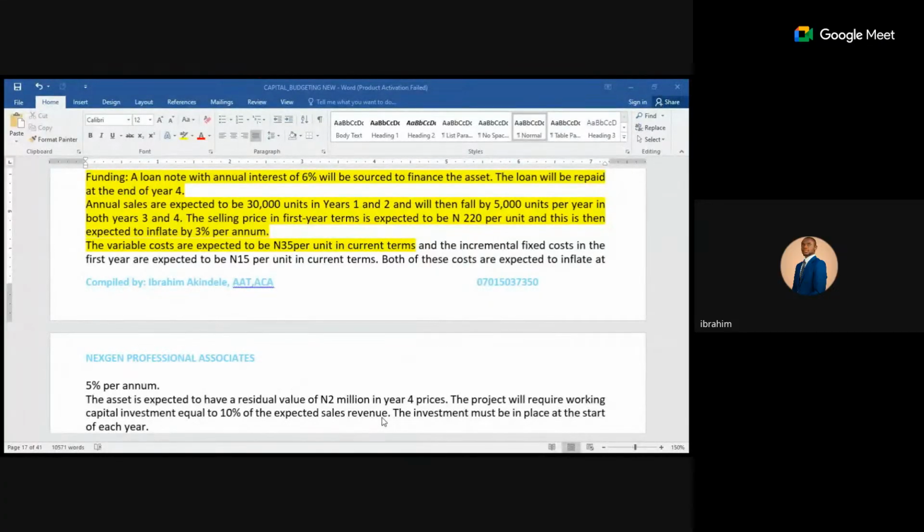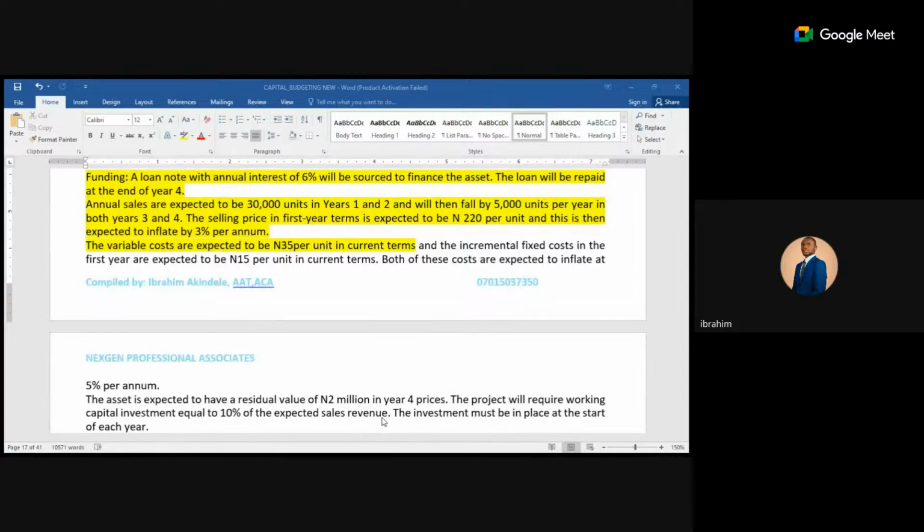And the incremental fixed cost in the first year is expected to be this. In the current term. That is why the phrase in the first year is there, because they know that it is an incremental fixed cost. Incremental fixed cost does not change according to what you are producing.